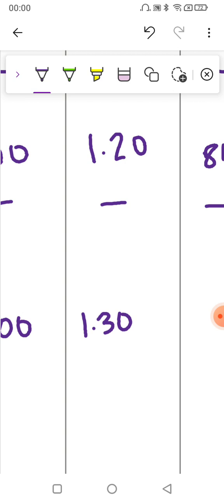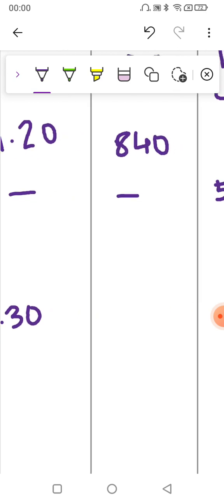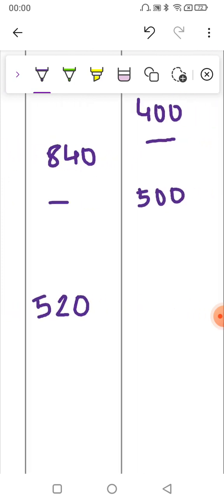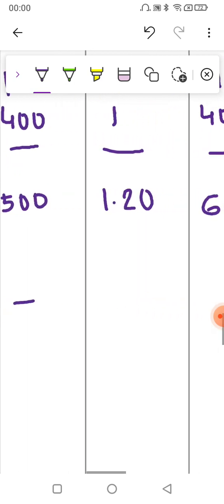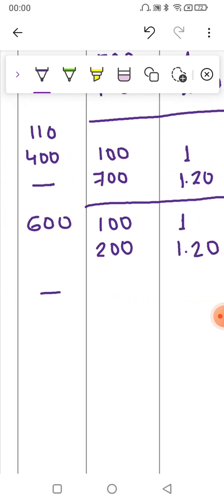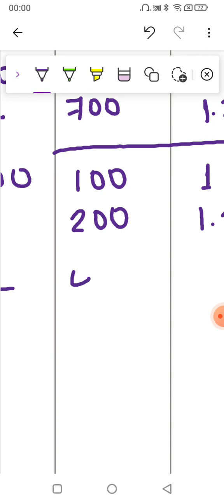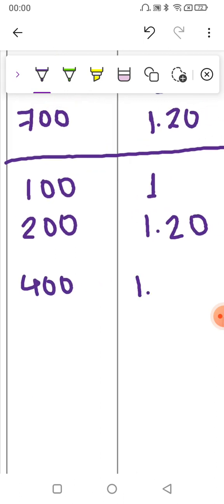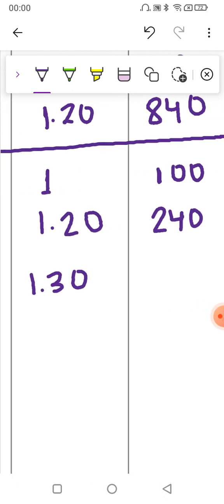So 400 into 1.30, we get 520 as the amount. There were no issues on this particular date. We had this remaining, and along with it a new batch was added, that was a 400 quantity at 1.30 cost per unit, which comes to 520.